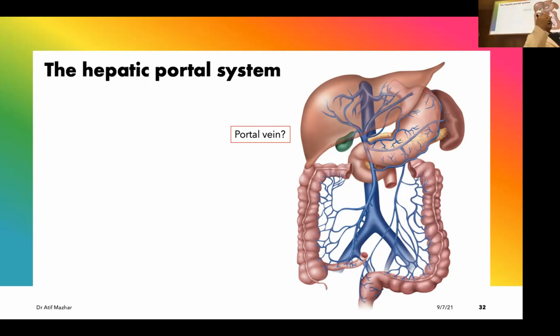And if I send it to the heart, what is the purpose? It goes to the manufacturing unit, and that is the liver. So a portal vein is a vein which does not go to the heart directly. It goes and opens into another organ. It drains itself there, and then it is reformed, and then it connects with the main venous system. So this is the difference between a normal systemic vein and a portal vein.